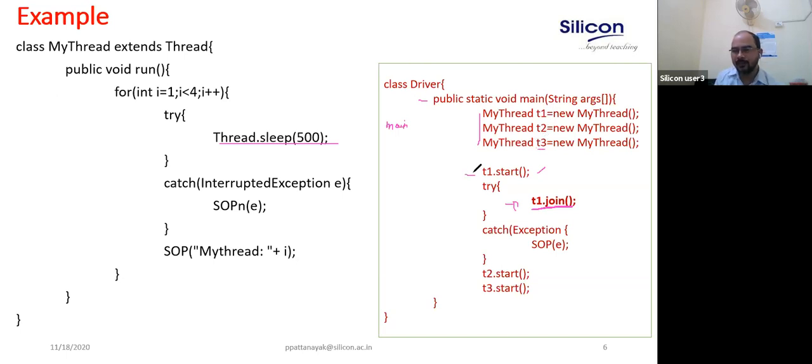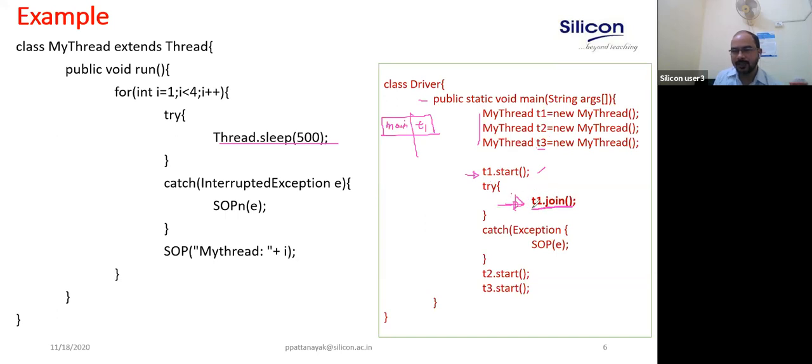When you invoke T1.start, it invokes the run method. That means T1 is now in the ready queue, or the runnable state. So two threads are running concurrently up to this point. Then this instruction is T1.join.